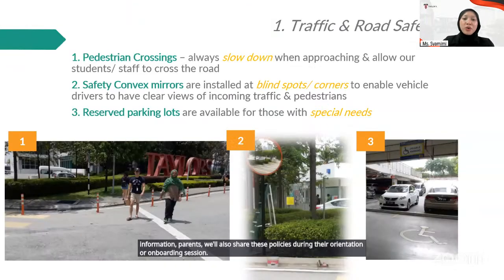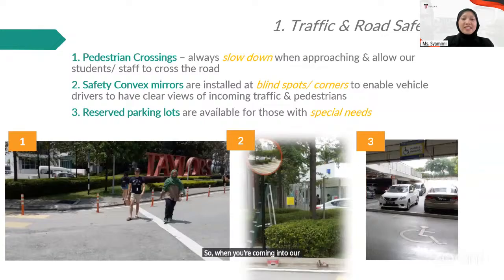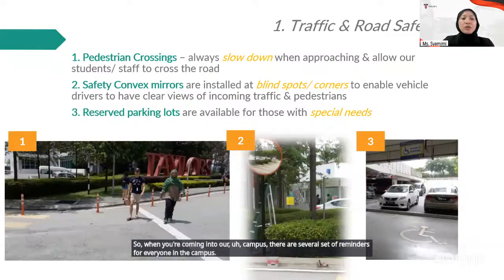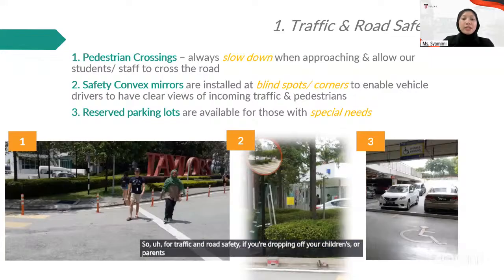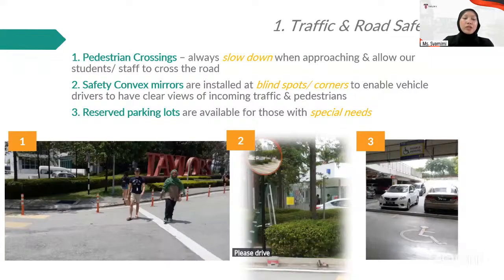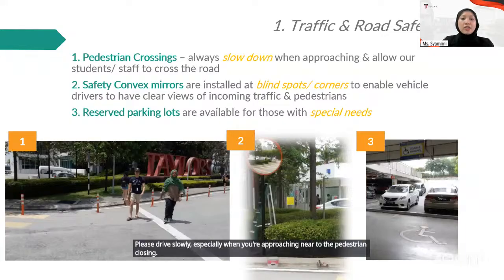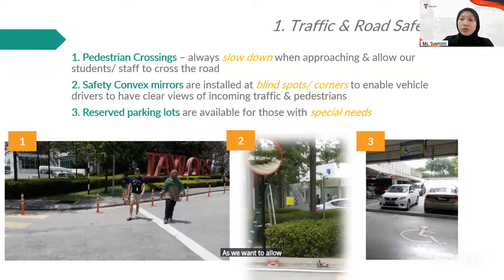When you're coming into our campus, there are several safety reminders for everyone. For traffic and road safety, if you're dropping off your children, please drive slowly, especially when approaching the pedestrian crossing, as we want to allow the pedestrians and students to cross safely. Most of the students take public transport to our campus.